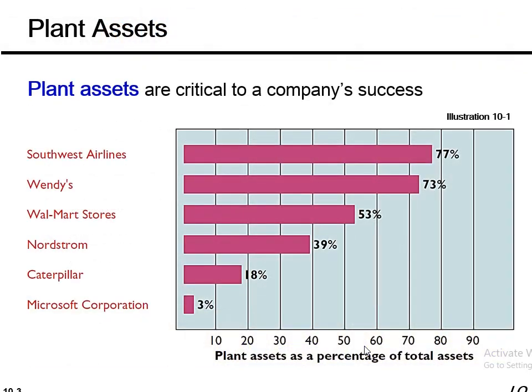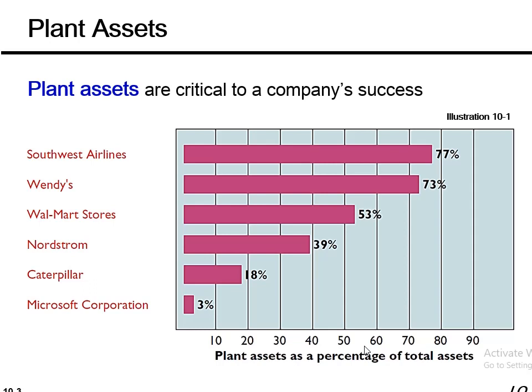How many plant assets a company keeps, or how much the plant assets a company has, depends on the industry in which the company is operating. Those companies who need huge amounts of assets to operate their business will of course be keeping more plant assets as compared to those companies who don't manufacture anything, who actually give services to the customers.